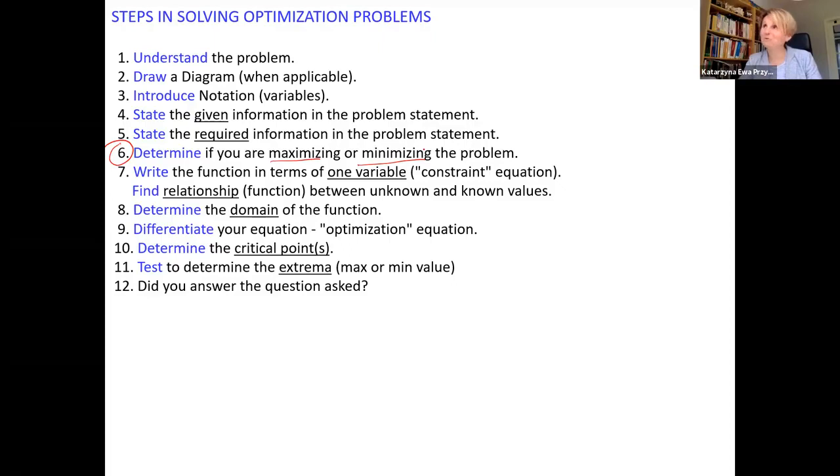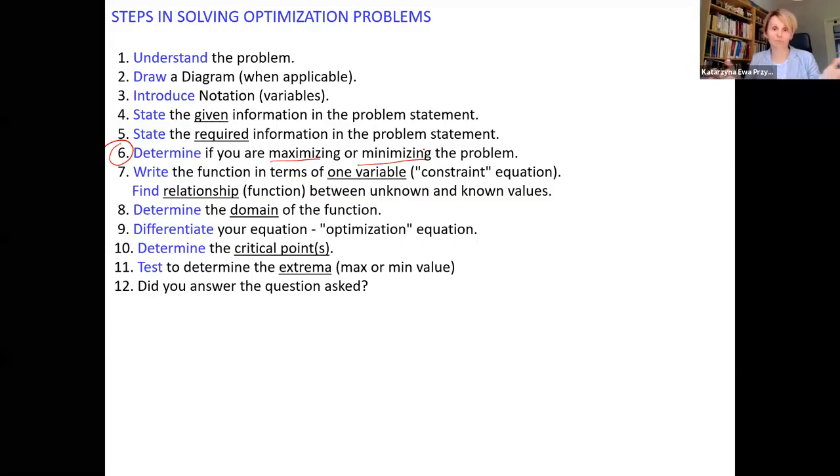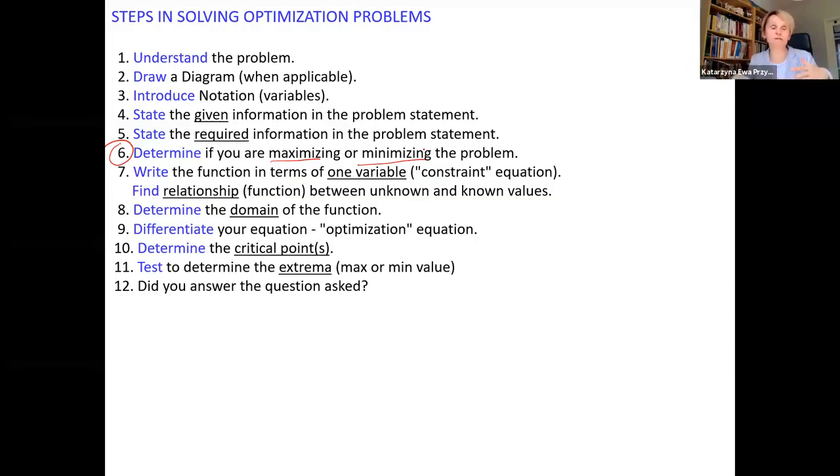Sometimes we may have, for example, what will be the cost to build the most economical box. We need material to build the box. We have a special given condition, but what are the dimensions of the box to build the most economical box?